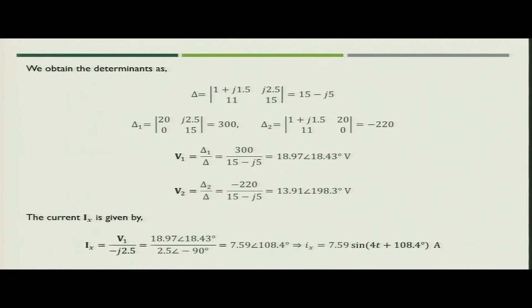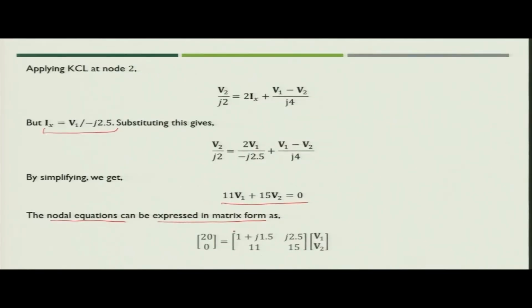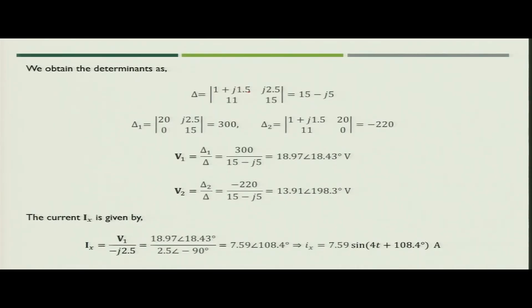How? Let us first take the determinant value of this matrix. So, what we can write? 1 plus j 1.5, j 2.5, 11 and 15. We take the determinant value of this, we get 15 minus j 5.